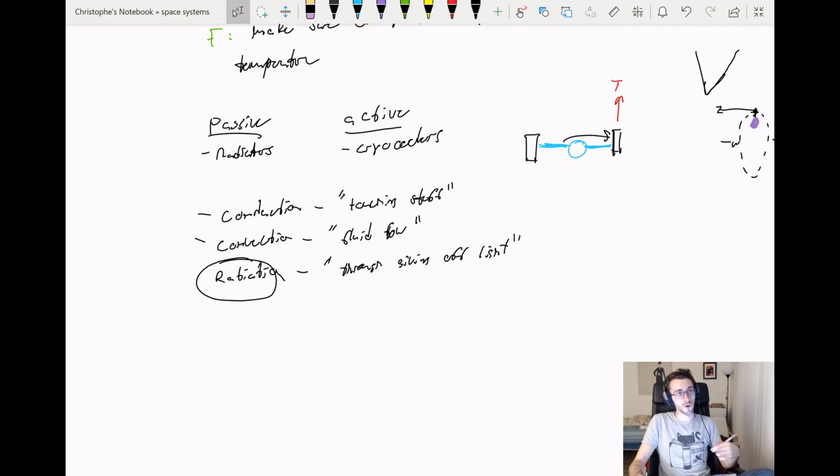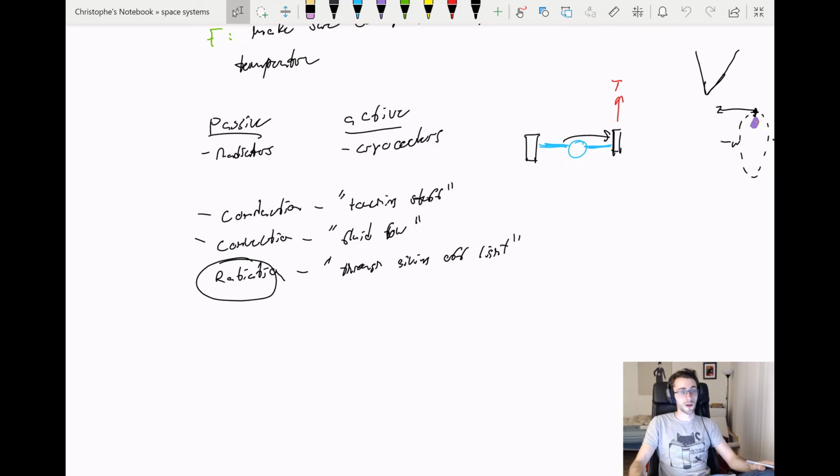Cryocoolers are more often used, as mentioned before, with optics and optical equipment and focal planes for capturing light, because they often operate at a very specific temperature. Focus mirrors, if they're not at the right temperature, might be warped slightly out of shape, so they don't focus the image to the degree that you want.